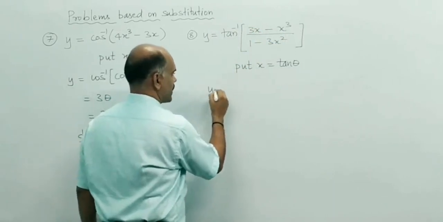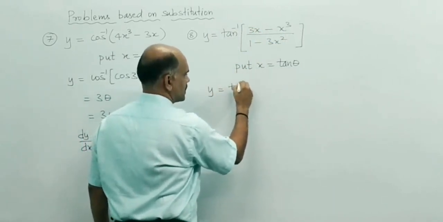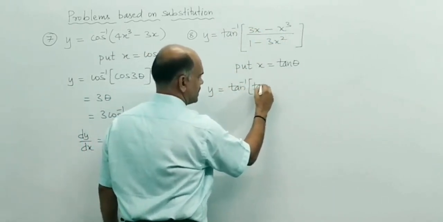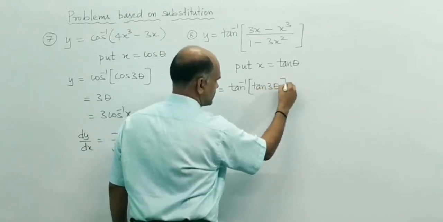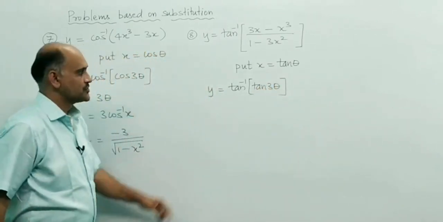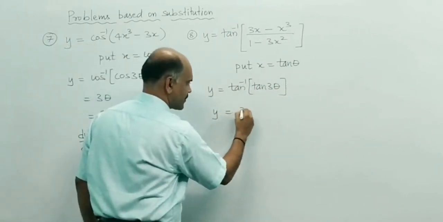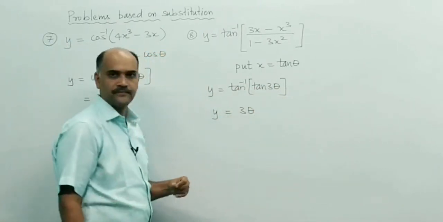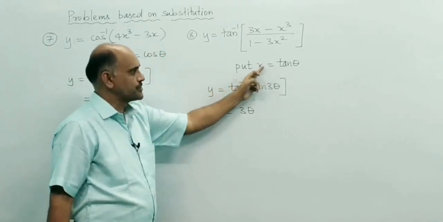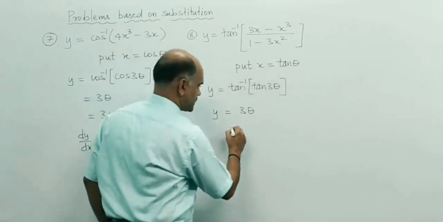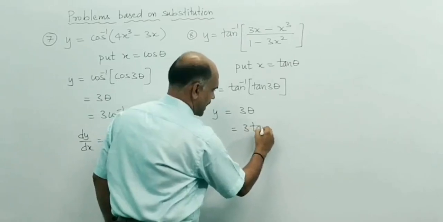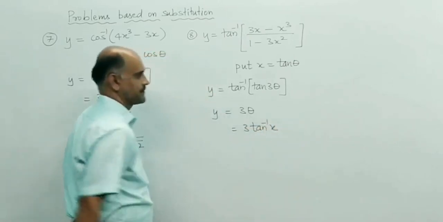So you will have y is equal to tan inverse of tan 3 theta. So tan inverse and tan gets cancelled. You will have y is equal to 3 theta. So substitute theta. So this is nothing but 3 tan inverse x.